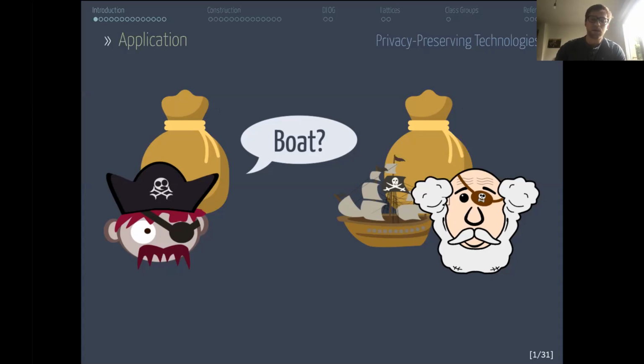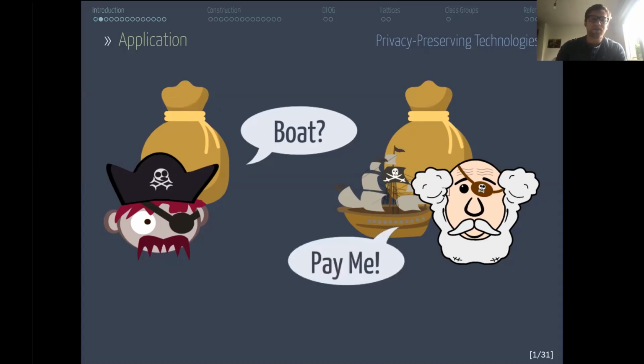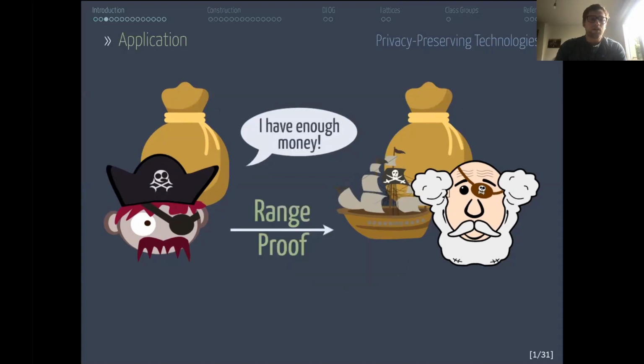And I'll just quickly go over the intuition of how you proceed. One pirate wants to buy a boat from the other pirate, and so the pirate says, okay, yeah, but I can't see your balance, so how would I be sure that you can pay me? And then the other pirate can just say, okay, I have enough money.